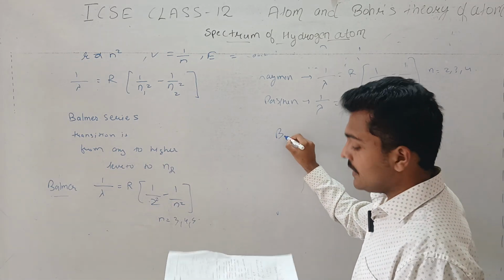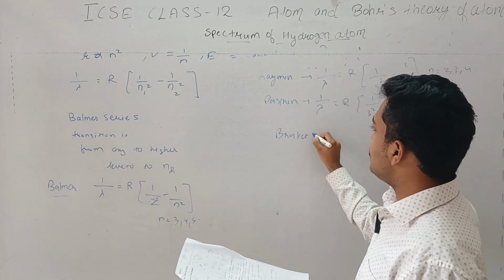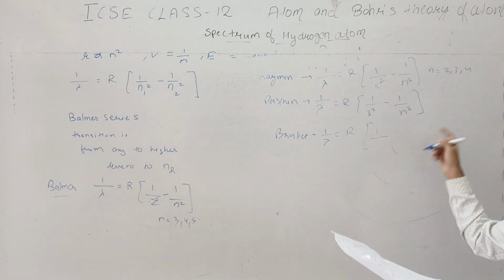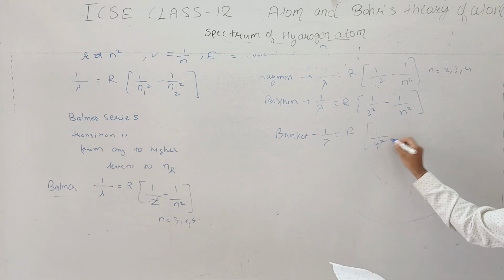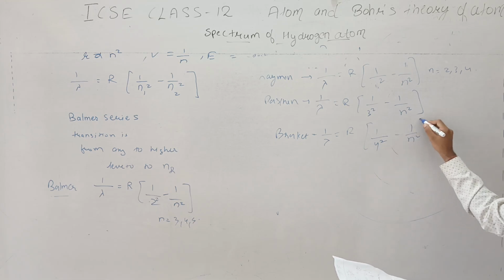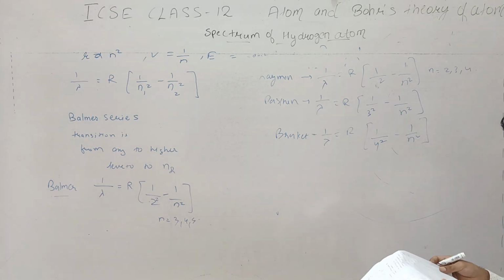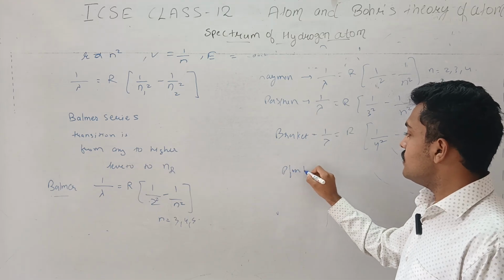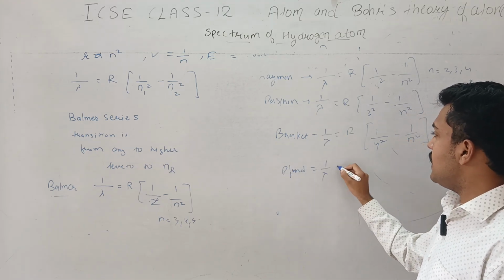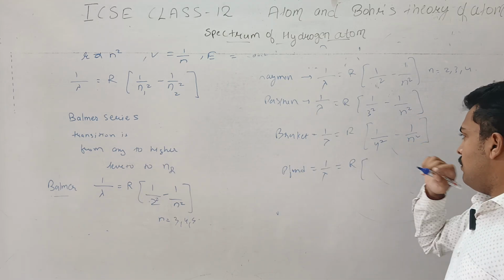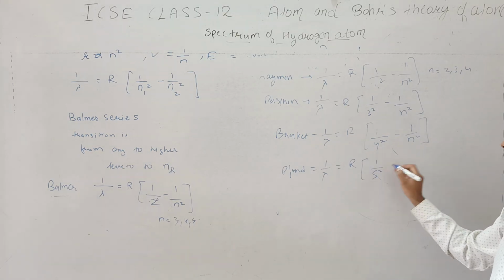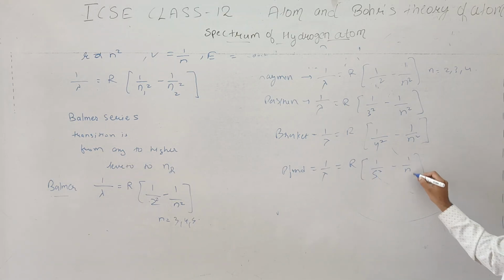We have the Brackett series, where the transition is to the fourth level of hydrogen. And then finally we have the Pfund series. In the Pfund series, the transition is to the fifth level from any higher orbital.